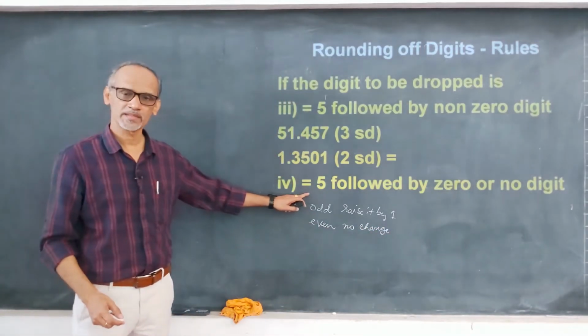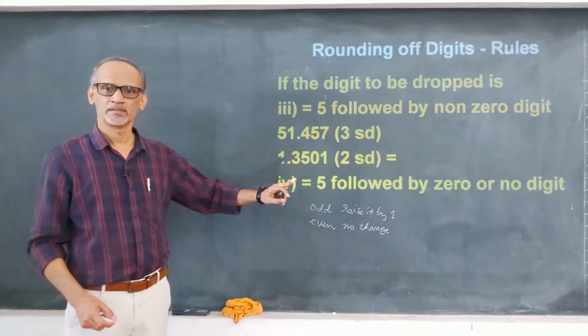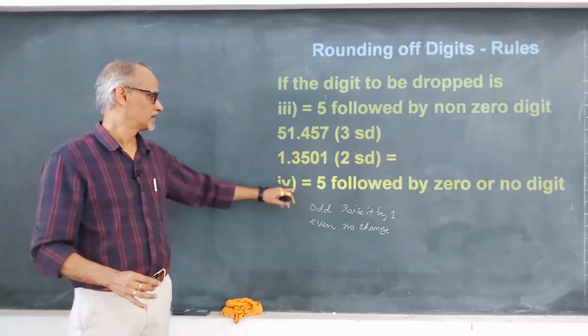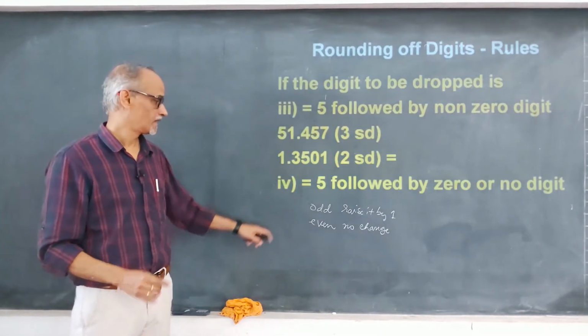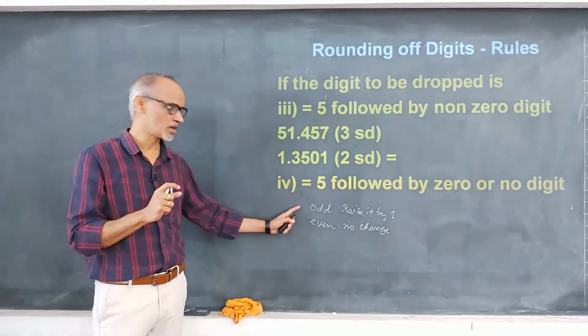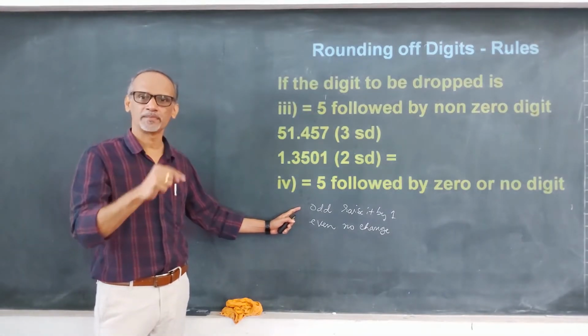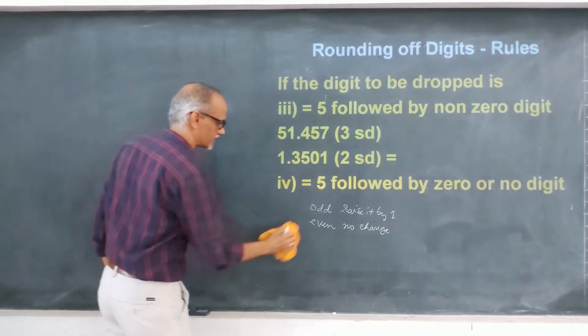What is that? If it is equal to 5 followed by 0 or no digit, then check the previous digit, and if it is odd, raise that number by 1, and if it is even, don't change the value, you have to retain it as it is.